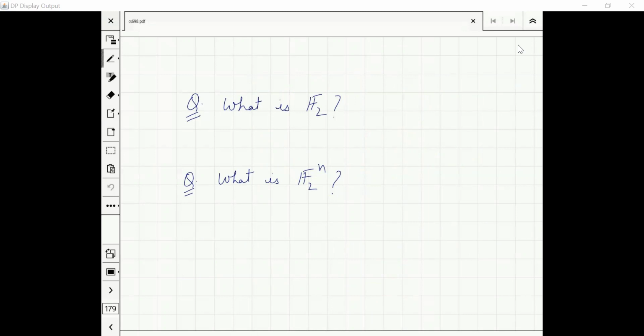Field containing 0, 1 with addition modulo 2 as the operation. Right, so this is the simplest field possible, which has only two elements, 0 and 1, and the operations are plus mod 2 and multiplication.